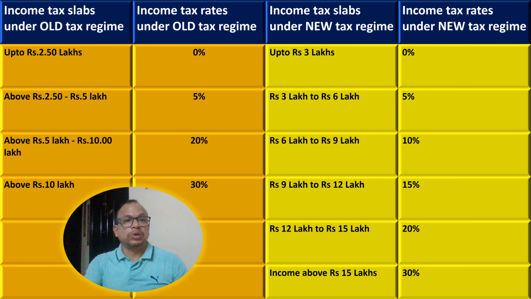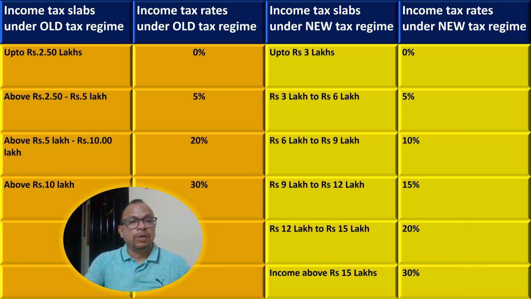The taxable slabs have changed as well as the tax rates. Under the old tax regime, up to 2 lakhs it was nil, but under the new tax regime, up to 3 lakhs it is nil. Earlier under the old regime, from 2.5 lakhs to 5 lakhs it was 5%, but now under the new tax regime, from 3 lakhs to 6 lakhs it is 5%. That means there is a change in the tax slab.